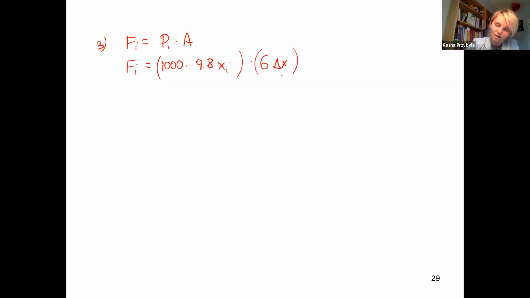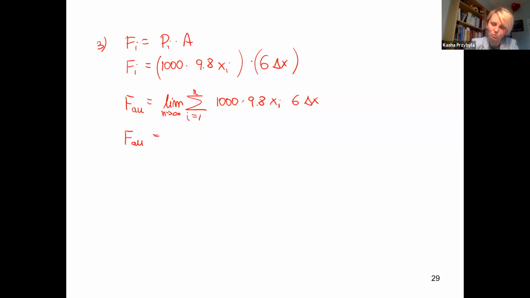But now we need the force for all slices, which will be the summation from one slice to n, and we have infinitely many of them because then it's perfect, and the same formula: 9.8 x sub i 6 delta x.